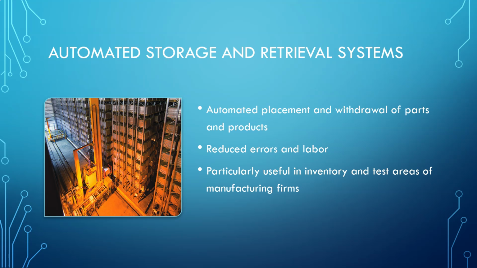So this is what we are trying to do. We are trying to use machines to retrieve the parts and bring them to the production line. Although we are saying that it can be used in a warehouse, it can also be used in the inventory of a manufacturing or production facility.